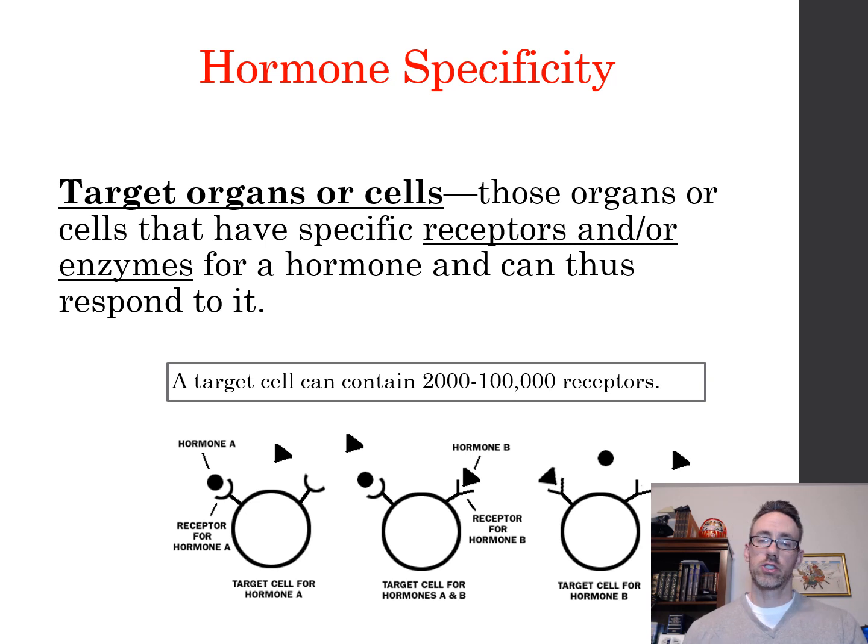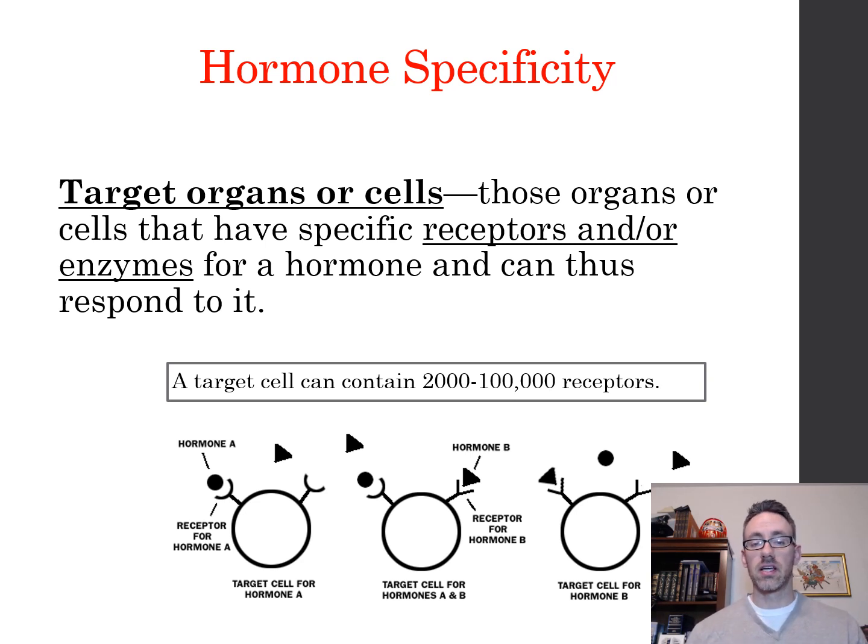Now, I should mention that the receptors don't necessarily have to be on the surface of the cell itself. They can actually be located within the cells because, as you are going to learn, hormones can either interact on the surface of cells or bypass receptors and go right through a plasma membrane and enter the cells, in which case they can interact with receptors that are located internally.